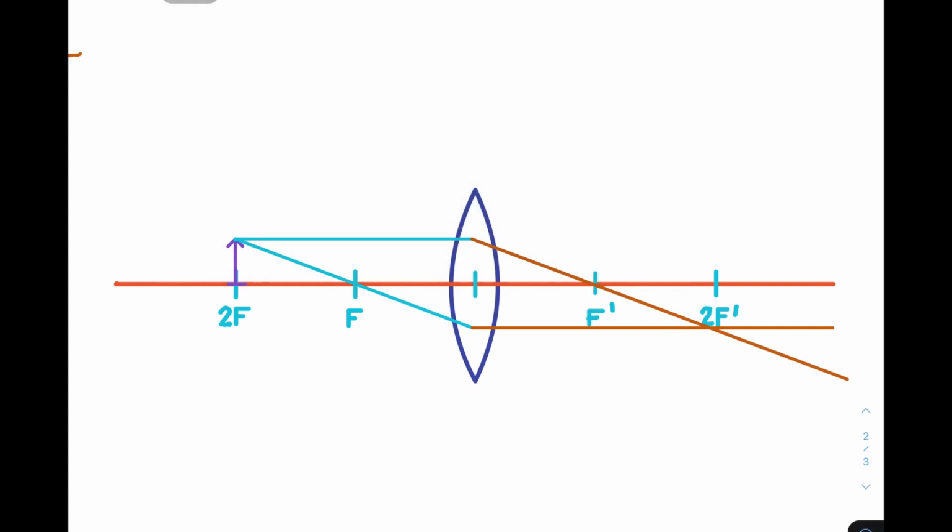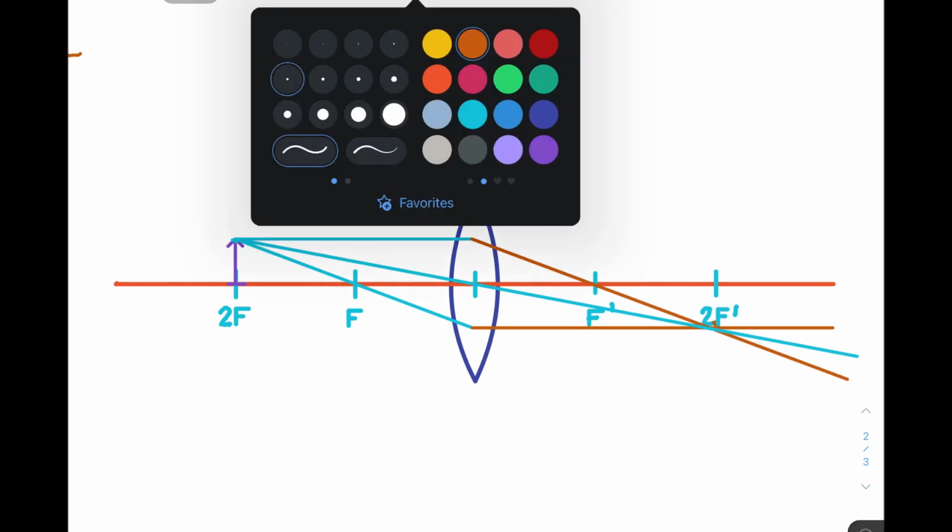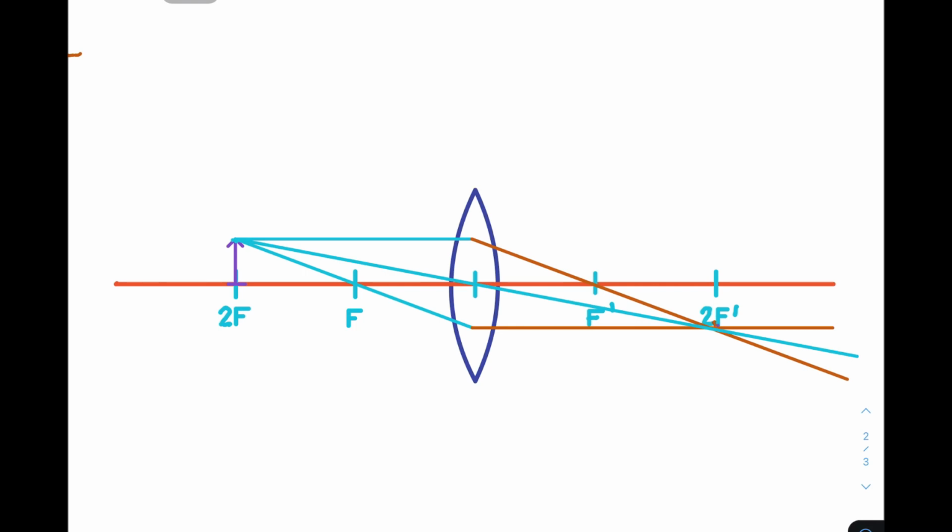And finally, if the ray passes through the optical center, it will not be refracted. As you could see, they have intersected at the same point. Let us draw the representation of the image, which is the tip of the arrow.